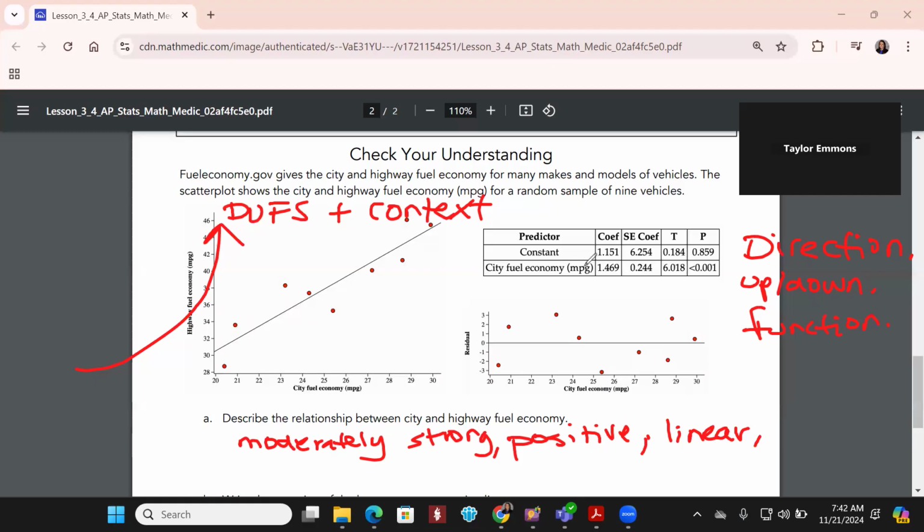Look back at the last one. When it comes to line of best fit, it's 0.85.